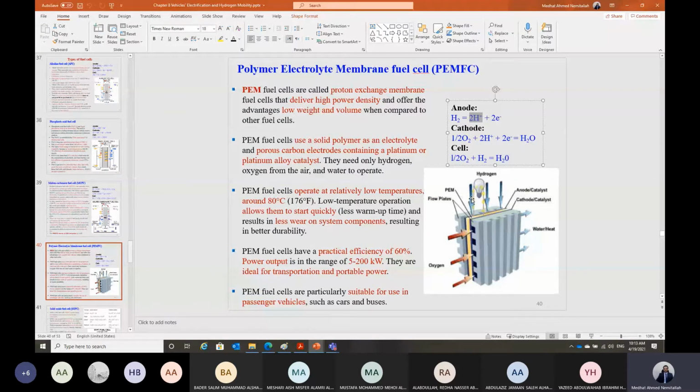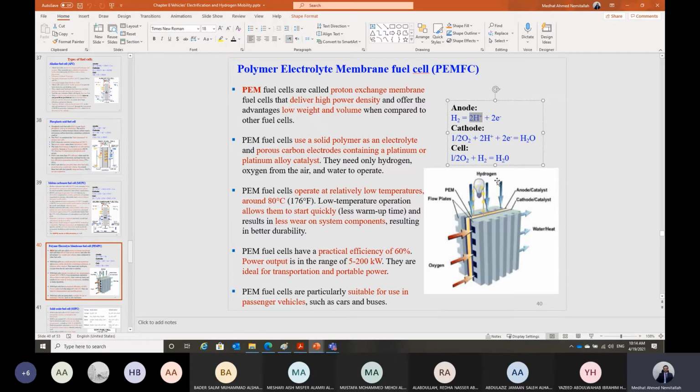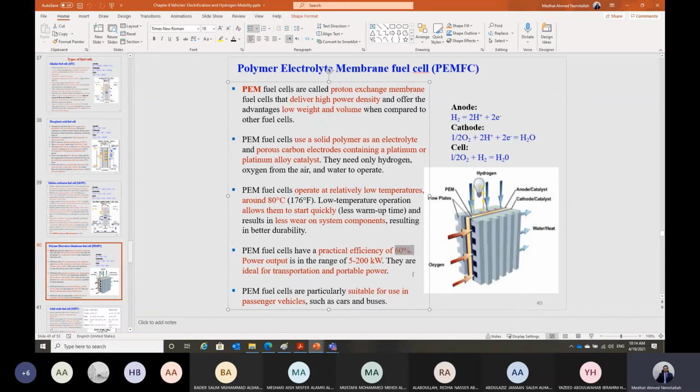This solid polymer electrolyte membrane, which is a solid electrolyte, is more suitable for passenger vehicles, because its weight is light, and also it is effective. This membrane is highly selective to hydrogen ions, and it blocks the flow of electrons, and it can approach an efficiency of up to 60%.